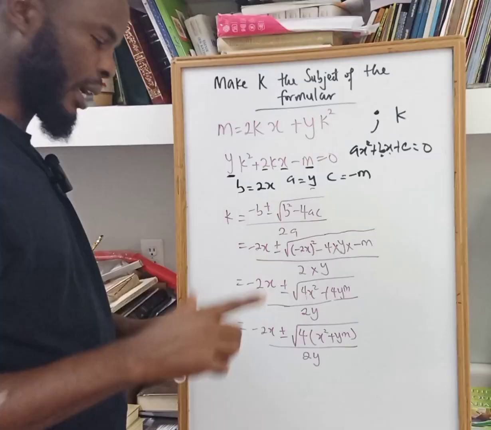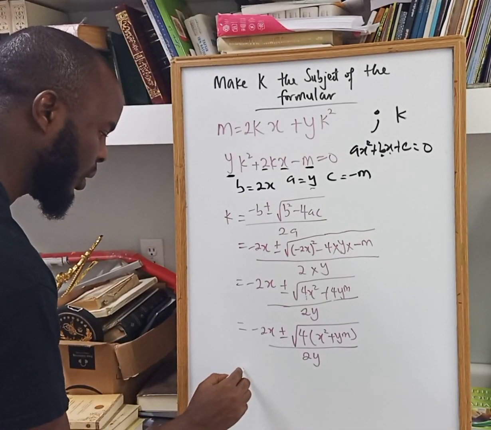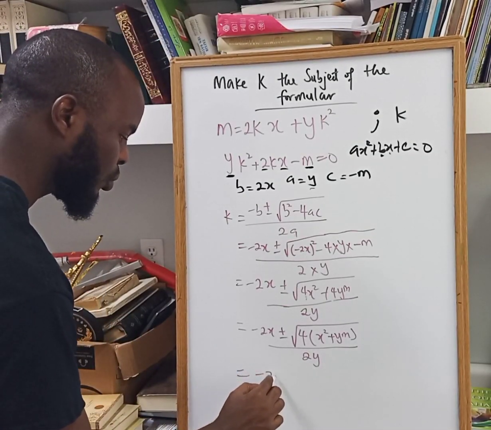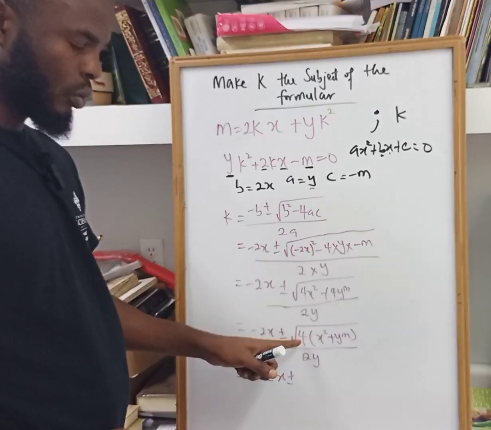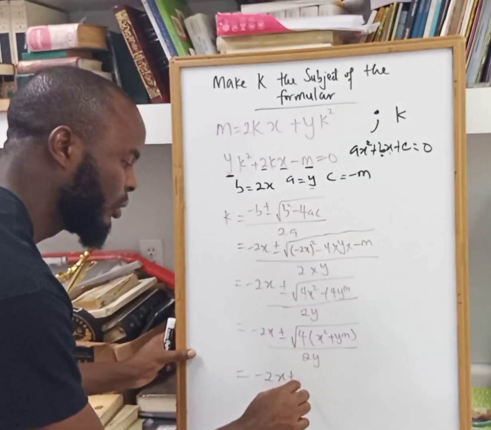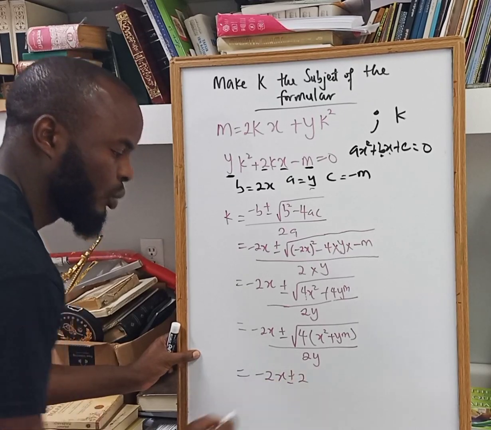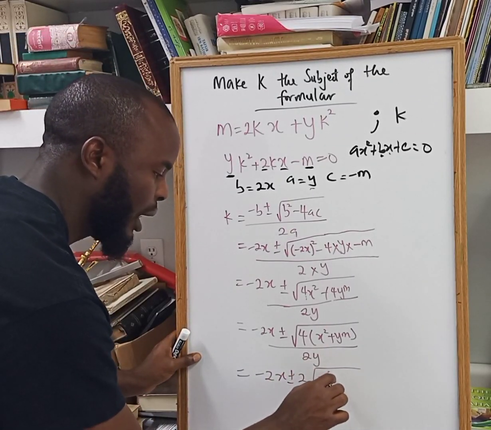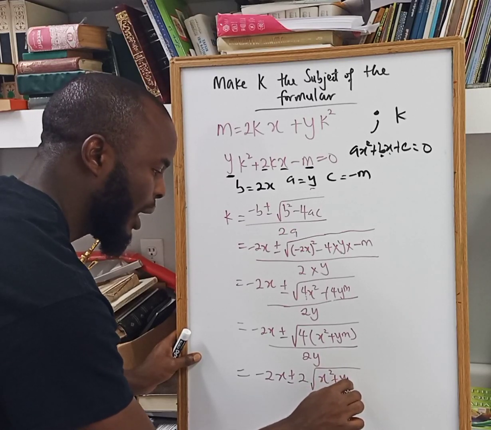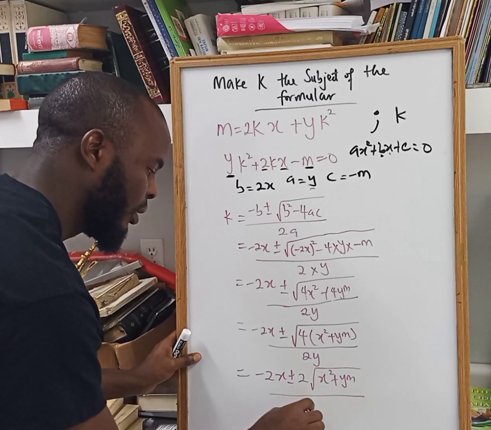So we have negative 2x plus or minus. Taking the square root of 4, we have 2. So we are left with x squared plus ym over 2y.